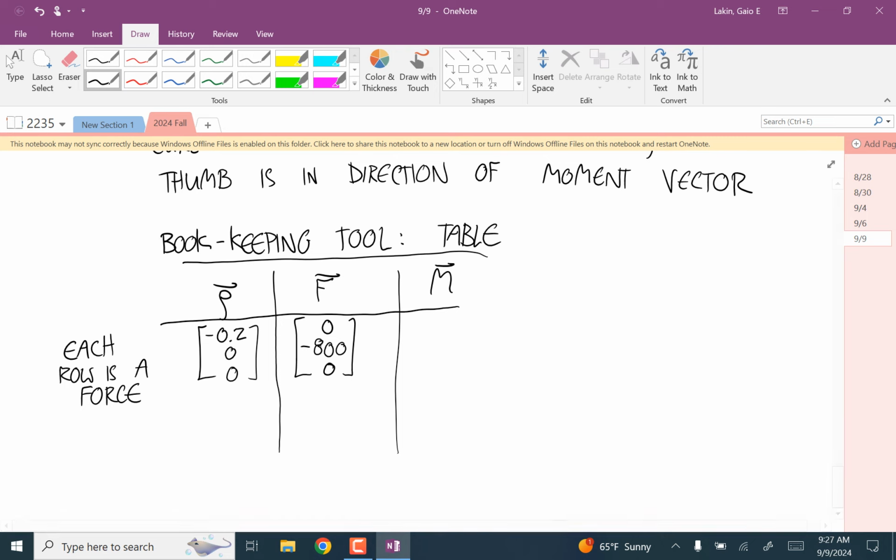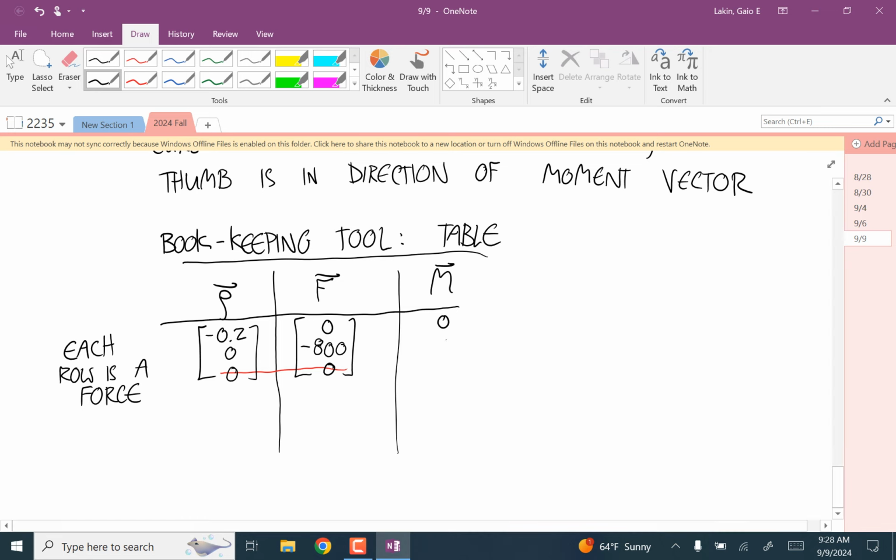Now take the cross product. If you cross out the x components, you get 0, so there's no x component for this moment. If you cross out the y components, you get 0, so there's no y component. The only one is going to be the z component. Cross out the z components, and you get negative 0.2 times negative 800 minus 0 times 0.